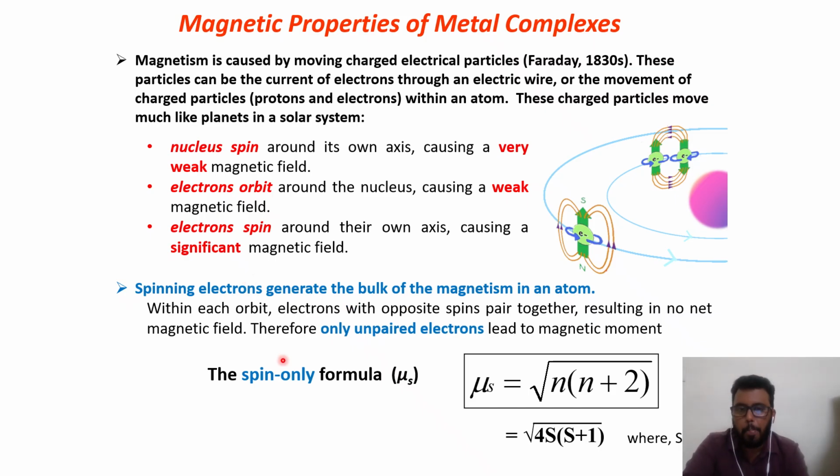Just remember this one. Within each orbital, electrons with opposite spins can pair together, resulting in no net magnetic field. So whenever both electrons occupy the same orbital, it will nullify. Opposite spins cancel out. So only unpaired electrons will contribute to the magnetic moment.